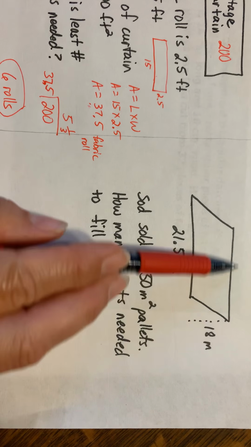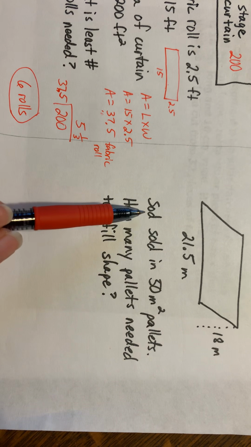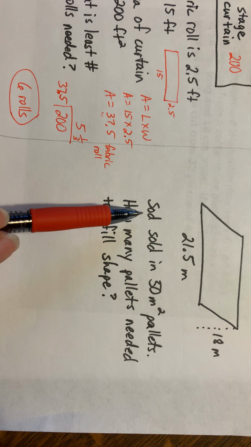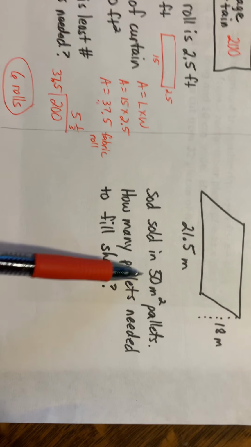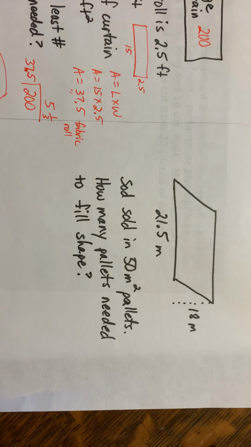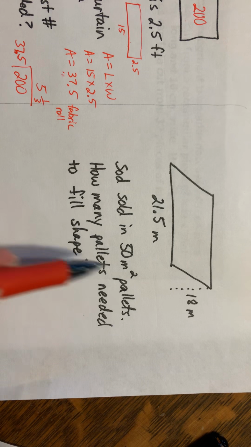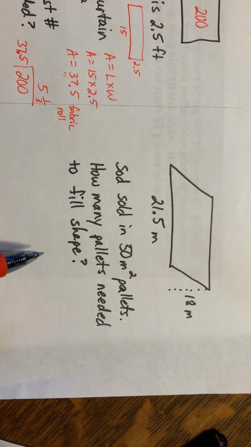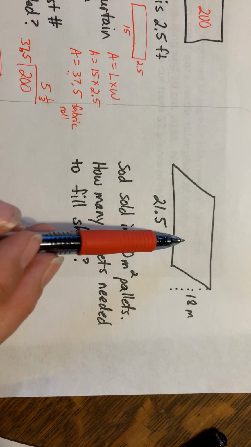So we have a backyard that is in the shape of a parallelogram. Sod, that's grass, is sold in 50-meter squared pallets. So how many of these pallets do I need to fill all this area up with grass? So to begin with, I want to know what my area is. What am I covering here, right?